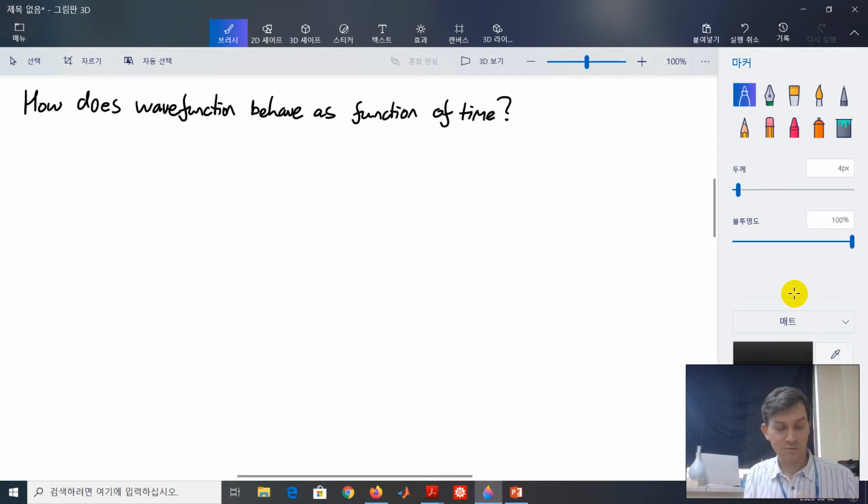Here I can't give you a precise answer, but there is an equation for it. In quantum mechanics you will learn about something called the Schrodinger equation.